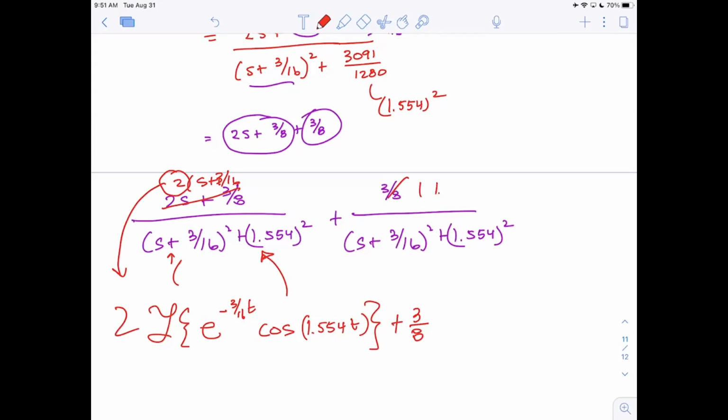So could I multiply by 1.554 up there? Sure, as long as I also divided by 1.554. So now that looks exactly like the Laplace transform of e to the -3/16 t, but sine of 1.554 t. That's horrible. And of course, I want to switch 3/8 divided by 1.554 to something more decimal-like, which is 0.241.